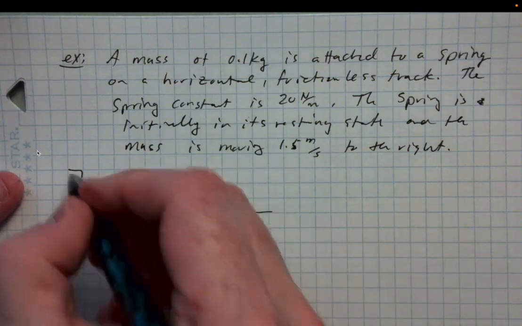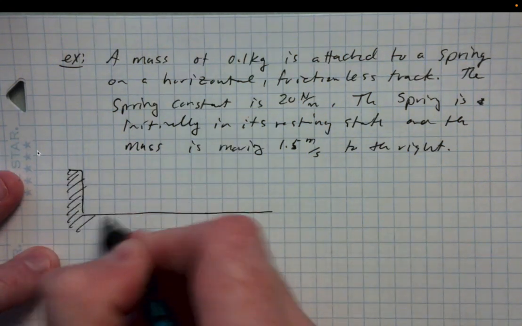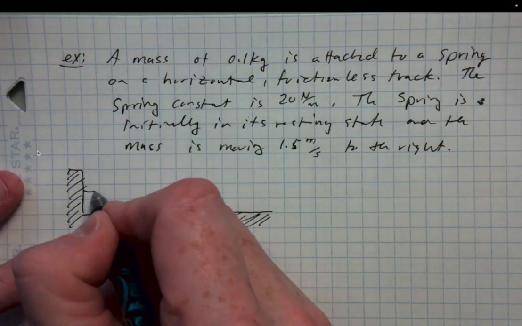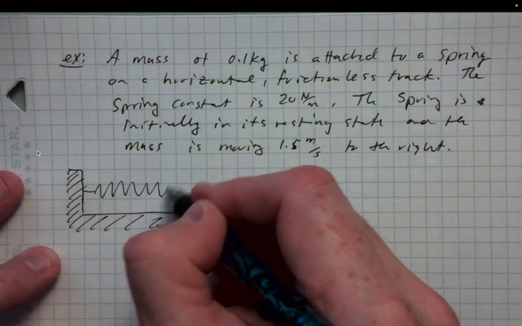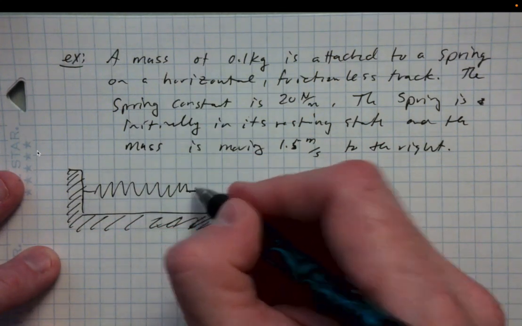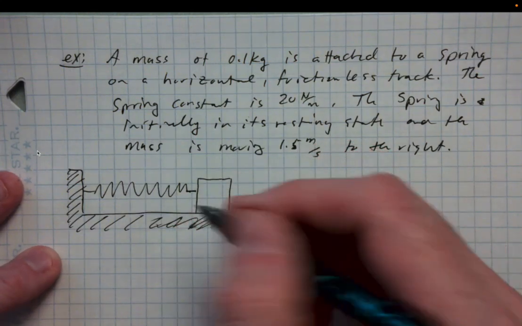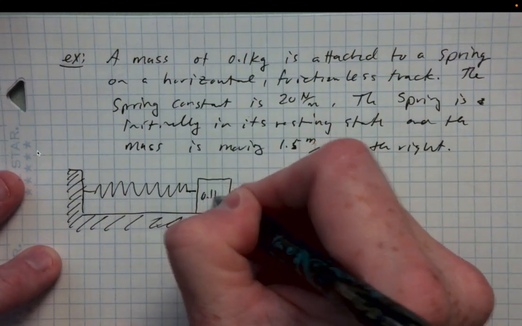So I've got some kind of a contraption. It's a frictionless track. Then I've got a spring attached to the thing, and attached to the spring is some kind of a mass. Just call it mass, and it is 0.1 kilograms.